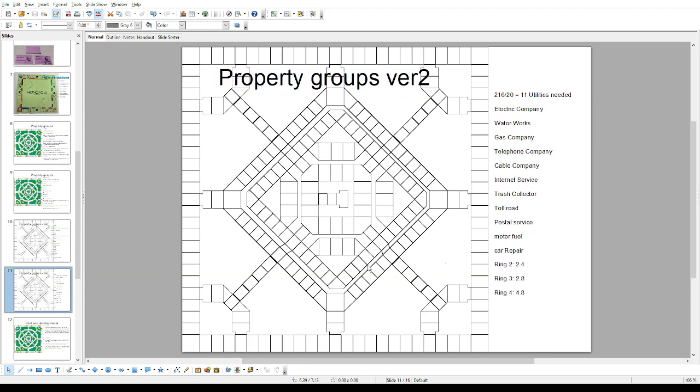If you draw a chance or community chest card in ring 2, it's not going to tell you to move to a property in ring 4. It might tell you to move to a different ring, but it's not going to give you a specific property for the most part.